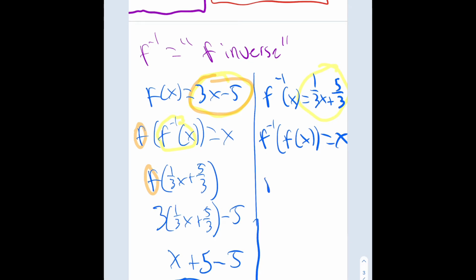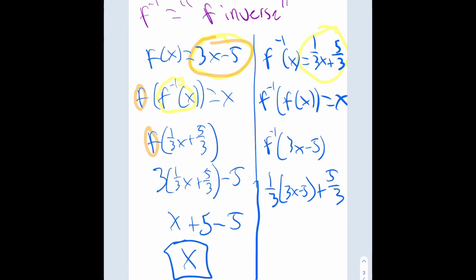Very similarly, if we look at the other side, I've got f of x. Well, I know that f of x is 3x minus 5. And if I take the f inverse, that's going to be 1/3. Every time I see x, I'm going to write 3x minus 5 plus 5/3. Now, 3 divided by 3 is just 1.